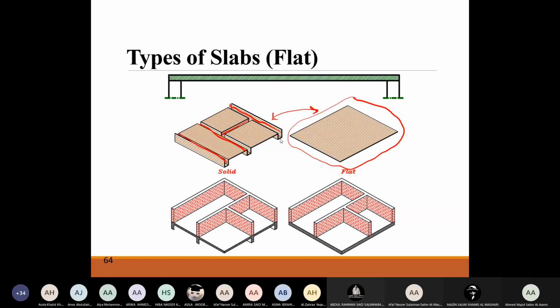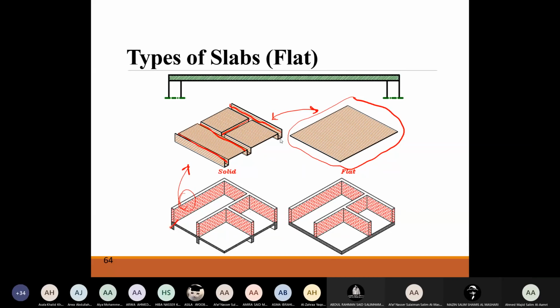Wherever there is a beam, there is a wall, so the loads of the walls will be taken by the beams. So you don't have major deflections because of the walls.